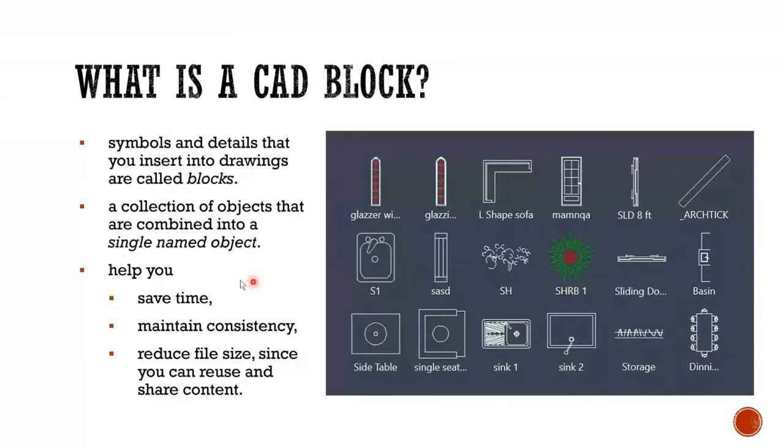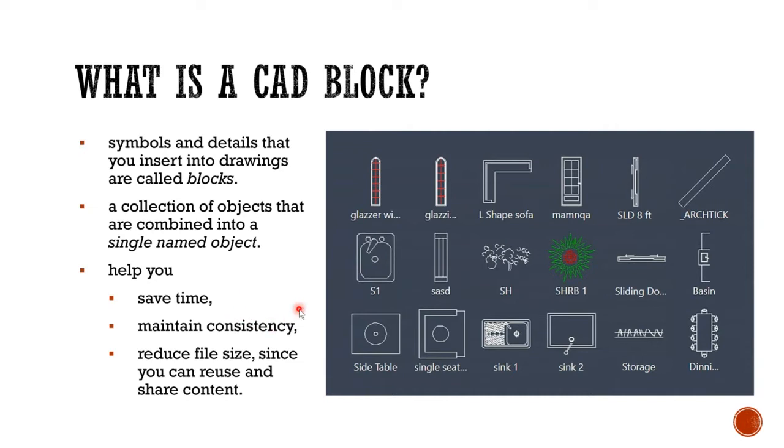So these CAD blocks help you to save time because you don't have to keep creating them repeatedly, again and again. Once you create one unit, you can just insert it or copy it to the file, and it maintains consistency.